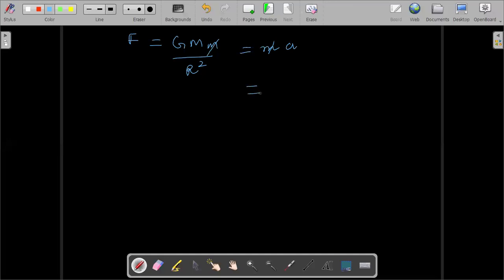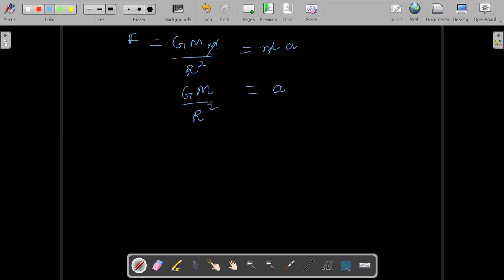You get the value of acceleration to be equal to GM over r squared. So this value of acceleration is independent of the mass that you have thrown, and you can calculate this value.